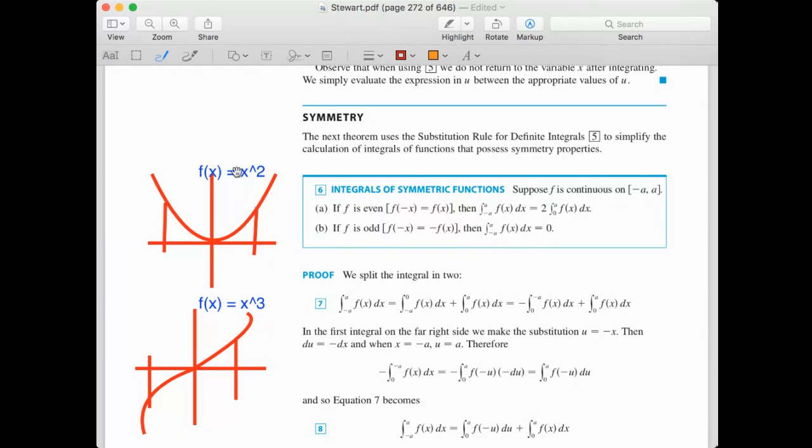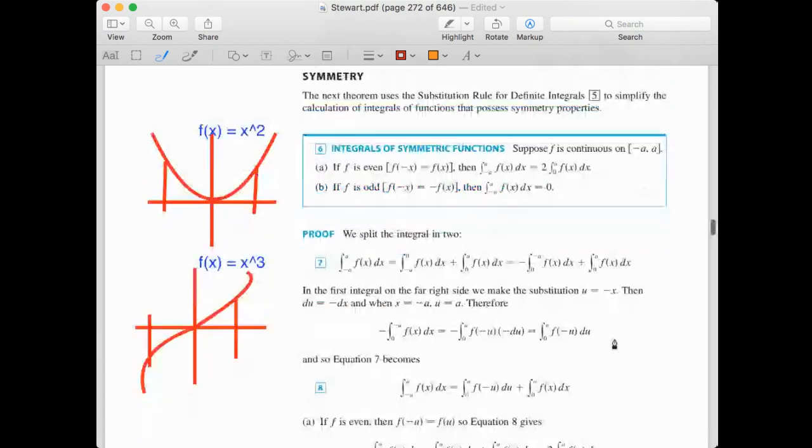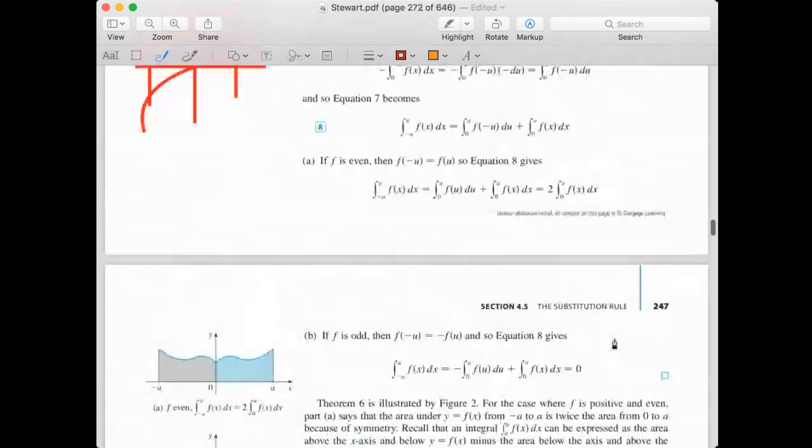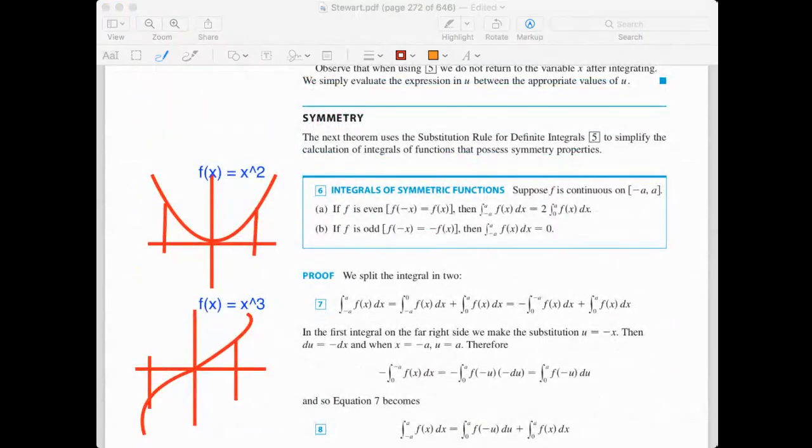If the integrand is even, the integral from negative a up to a is double the half. If the integrand is odd, the integral from negative a up to a is 0, because the two areas cancel each other. So that's a picture proof. Any questions?